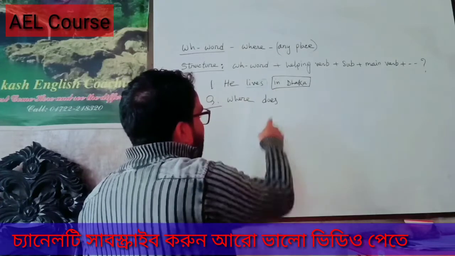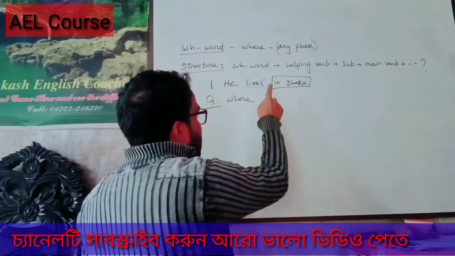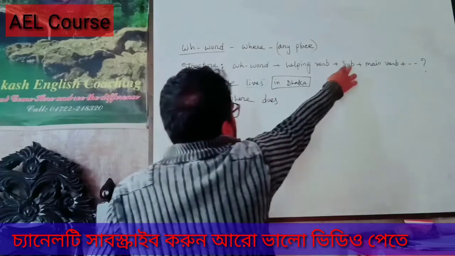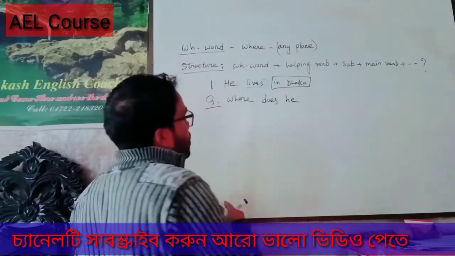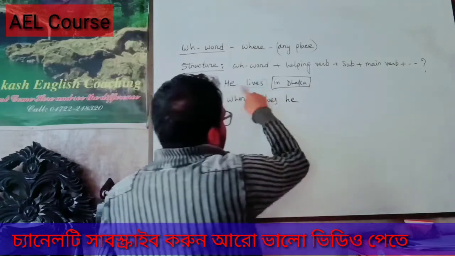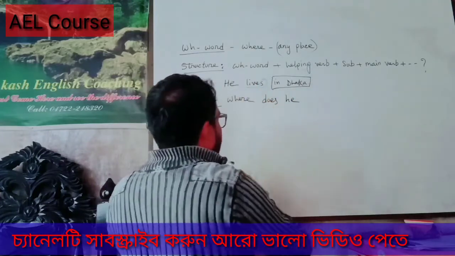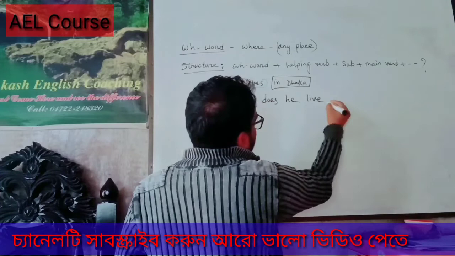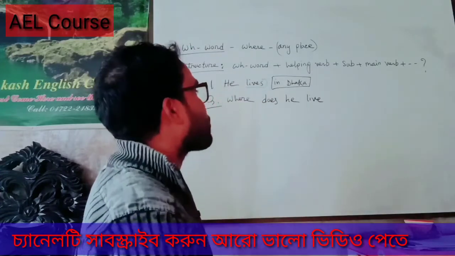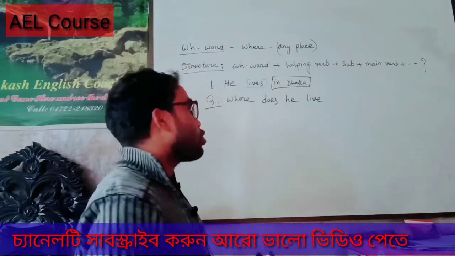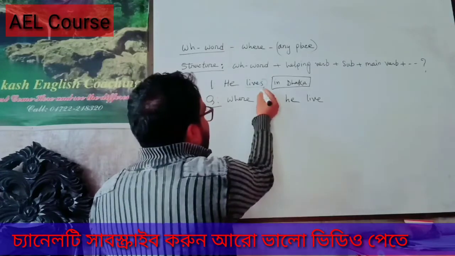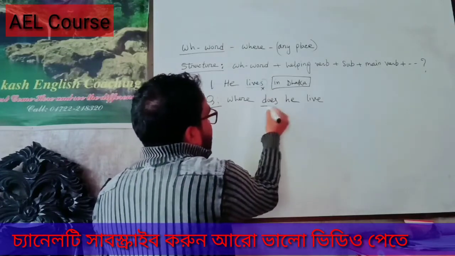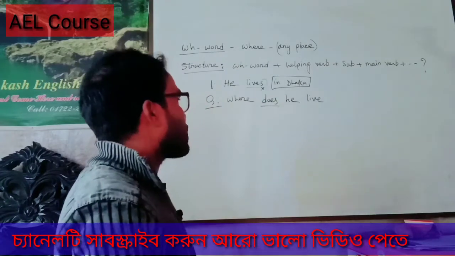That's why we have used does after the WH word, and then the subject. In the sentence, the subject is he, and then the main verb live. Live is the base form of the main verb. You should remove the s or es from the verb, because we are using does here.